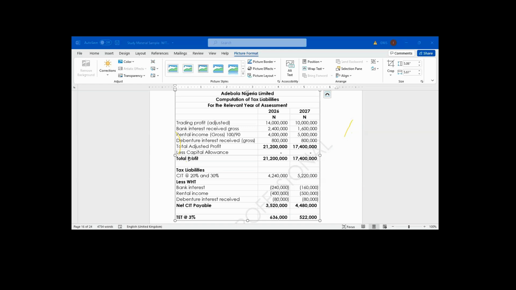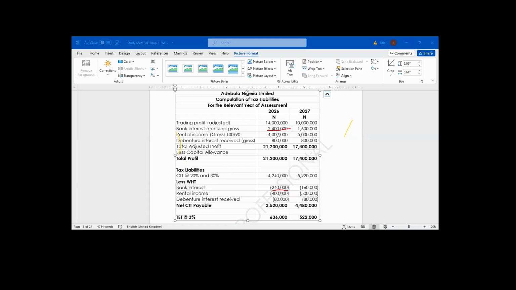So what I'm saying now is this 2.4, 10% of it, the withholding tax on it is 240,000. You remove it from the company income tax. This rental income of 4 million, what is the withholding tax rate on 4 million? 10%.